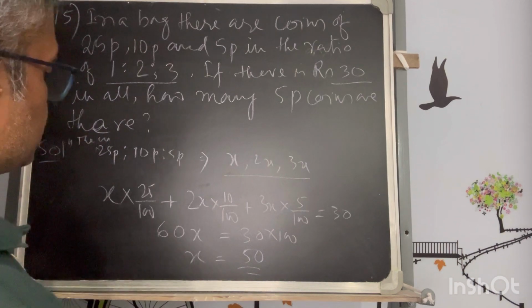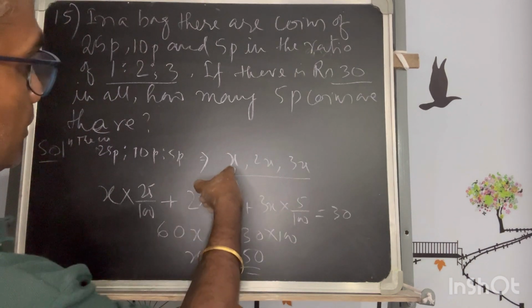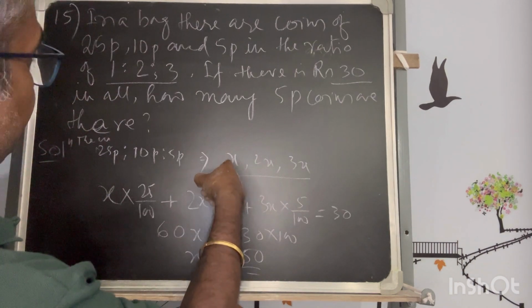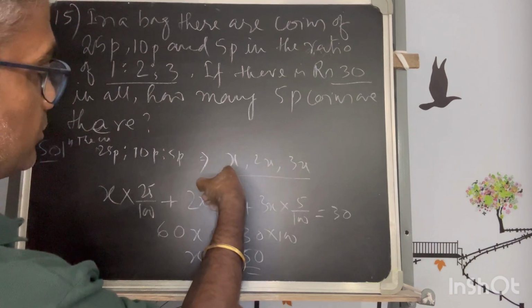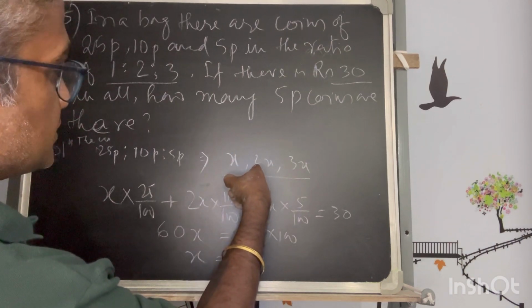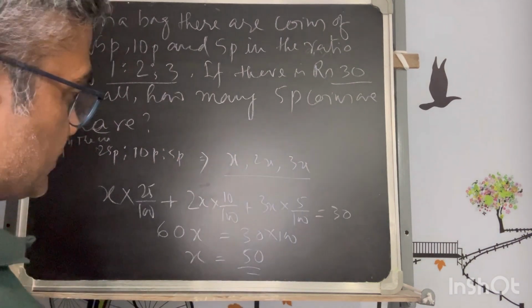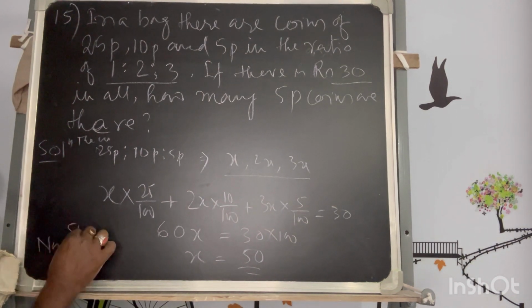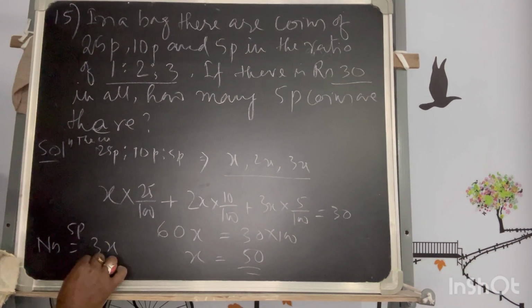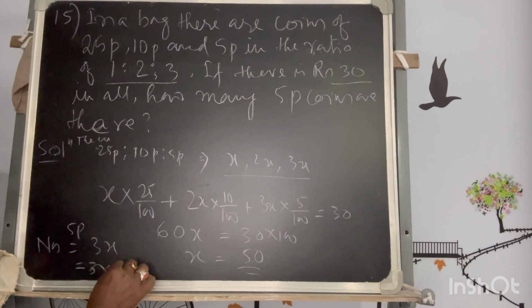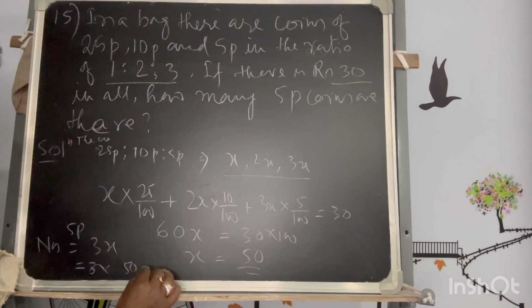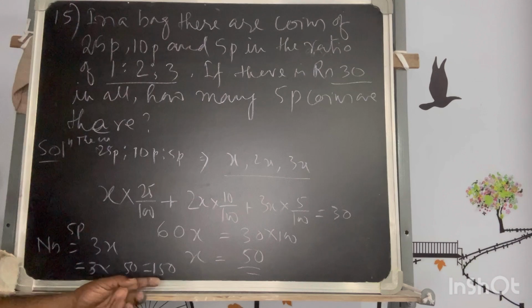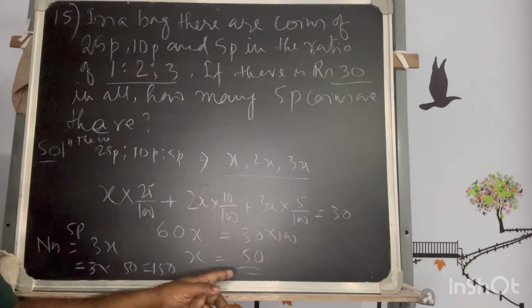So if 50 is your number of 25 paisa coins, this is the 10 paisa coin, this is the 5 paisa coin. So what is the quantity? The number of 5 paisa coins is 3 into x, so 3 into 50, that means 150. In the earlier case the answer was 150, so this was also verified.